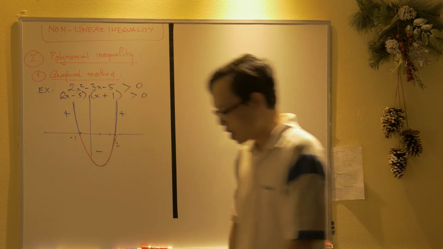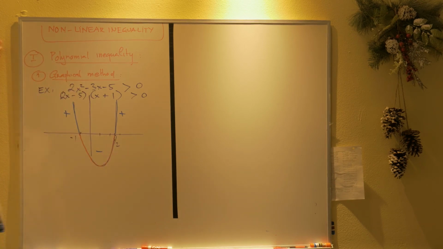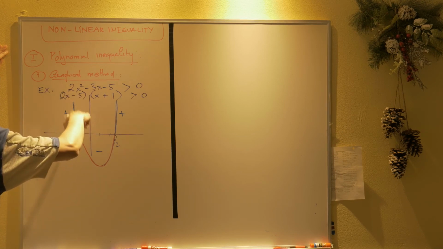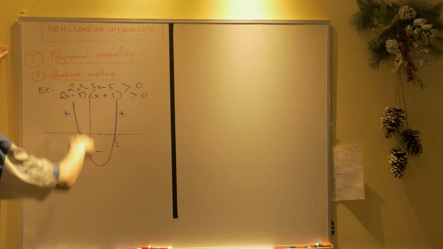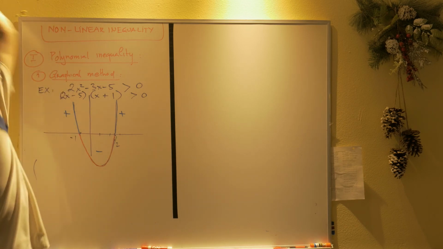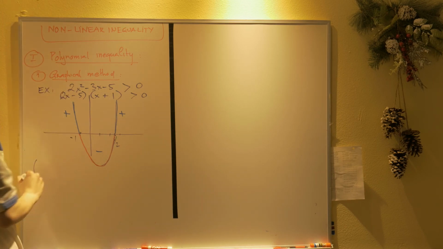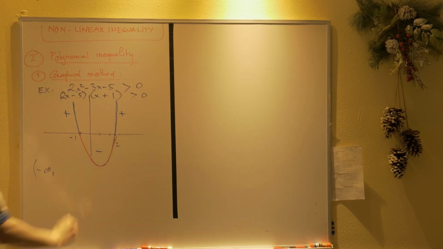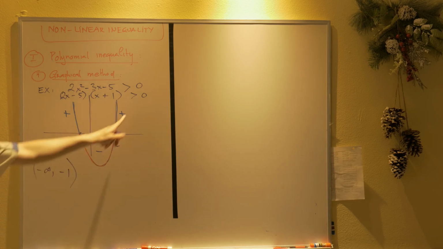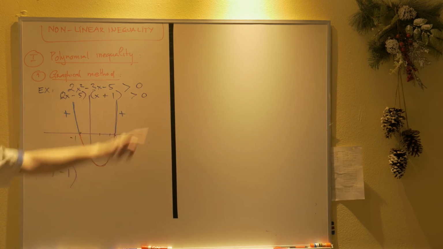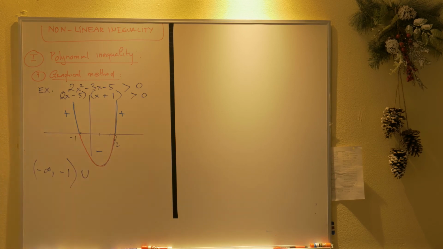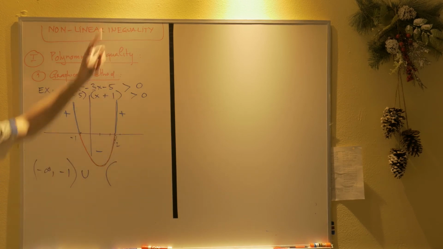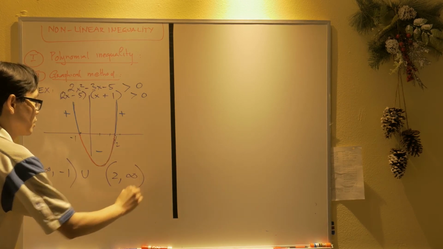So by looking at my graph, my final answer will be, because this is above the x-axis, greater than 0, I put a plus sign here, and this keeps going up. Writing it in interval notation, the answer will be negative infinity to negative 1, parenthesis, because there's no equal sign here, union with 5/2 to positive infinity.